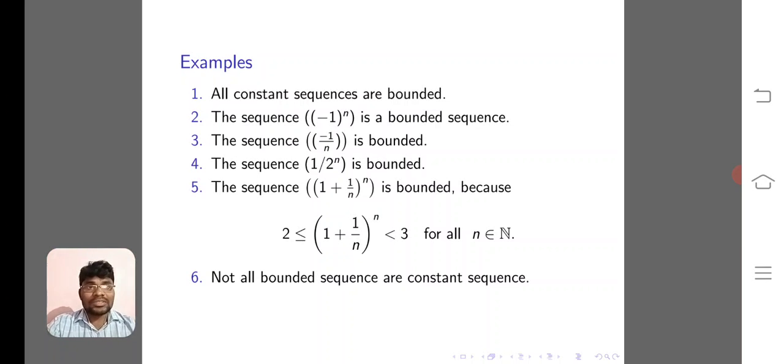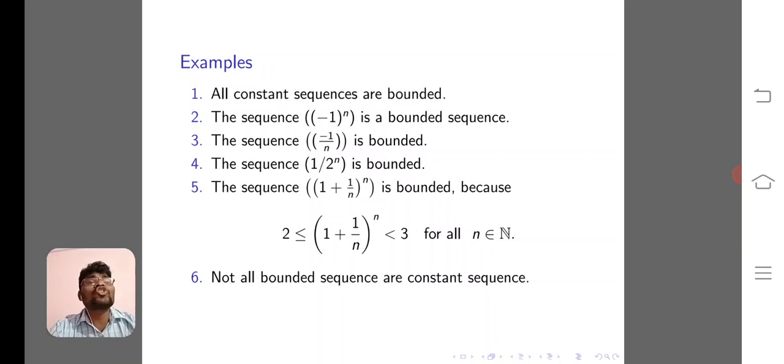Consider another example. The sequence -1 by n, I will say that it is a bounded sequence. How? Let's see. Here 1 by n is positive, so all numbers are less than 0. Look, the set has an upper bound. Put n equal to 1, this becomes -1. Put n equal to 2, this becomes -1 by 2, increasing.